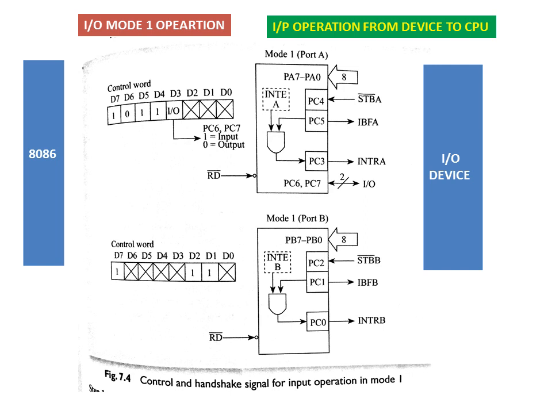Mode 1 means strobed IO mode or handshaking mode. Why do we start with IO mode 1? Because here there are acknowledgement signals passed between the 8086 processor and the input output device.